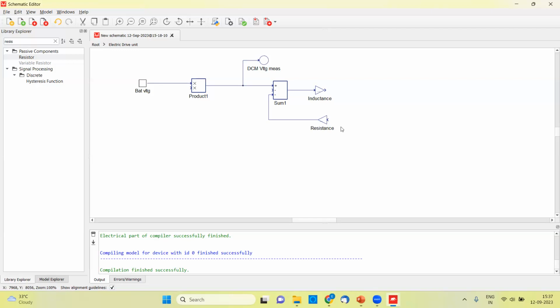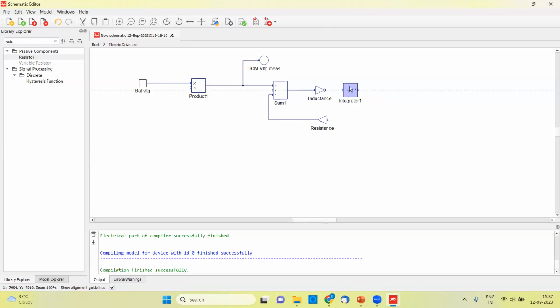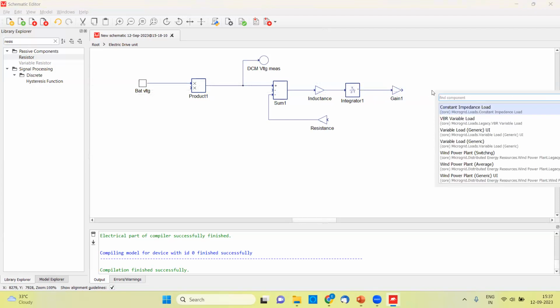Now again, I'm having one integrator block, because whatever we are calculating, we need to integrate everything together so that we can generate the torque signal. And then I'm going to take one more gain block over here. Now I'm going to connect it with my integrator block, and this is giving me one output signal. Now this output signal is going to go out from this block.